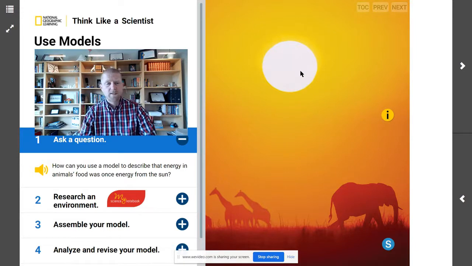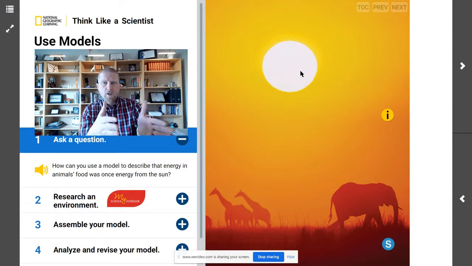What are other things that we notice if we look at this image? The elephant, yeah, I noticed that too. The giraffes, right? Yes, and the grasses. So we have a sun, some elephants, a giraffe, and some grasses. In this image alone, do we have a food chain?